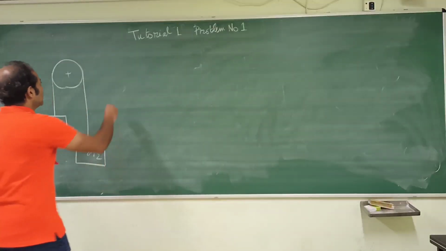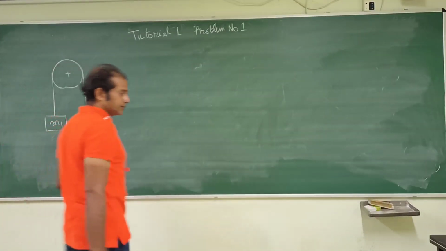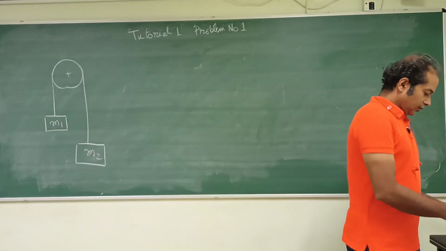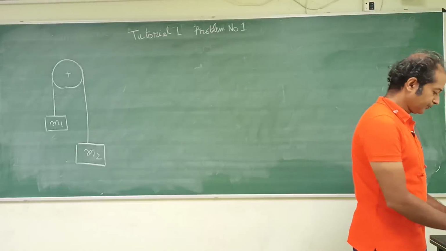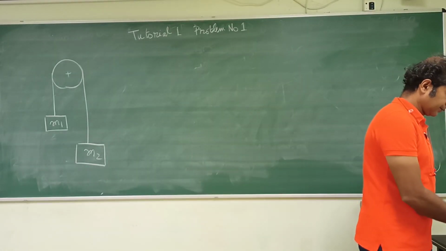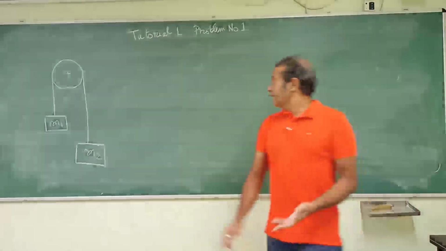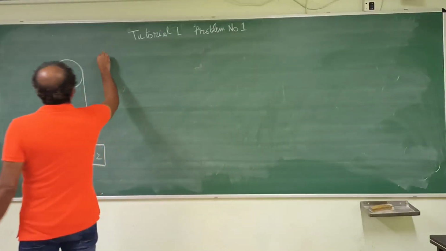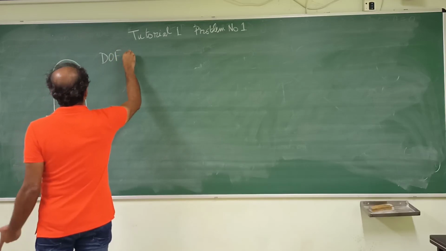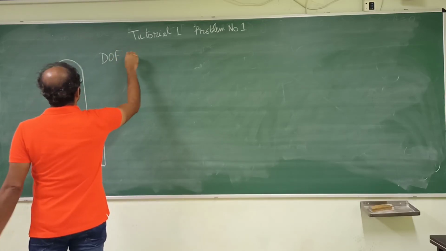Before that, how many degrees of freedom is this system having? Yeah, DOF is equal to 1, because the string is inextensible, or the belt or whatever you are going to say.